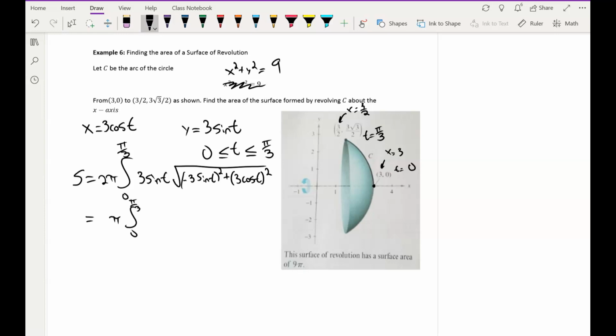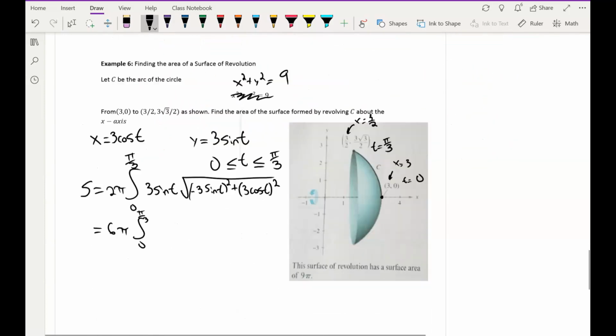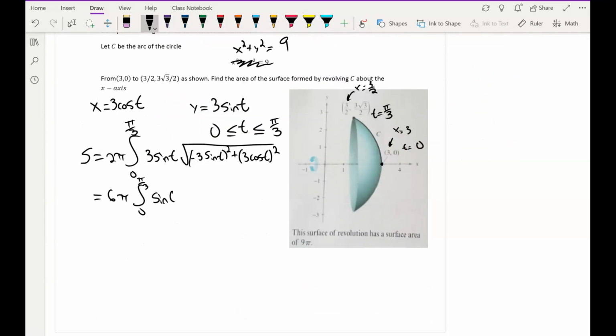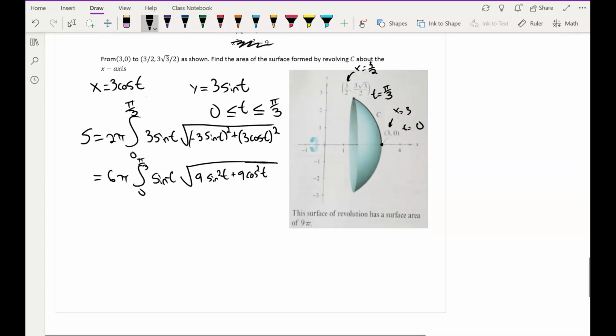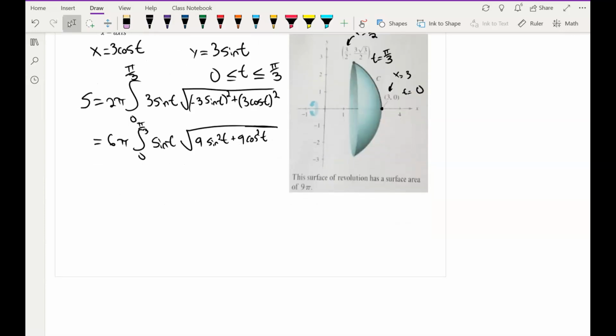That's the same as doing 6 pi times sine of t, square root of, simplify these things, negative 3 sine t squared is just going to be 9 sine squared t, plus 3 cosine t squared is going to be 9 cosine squared t. And we should be able to recognize this is just going to be 9.